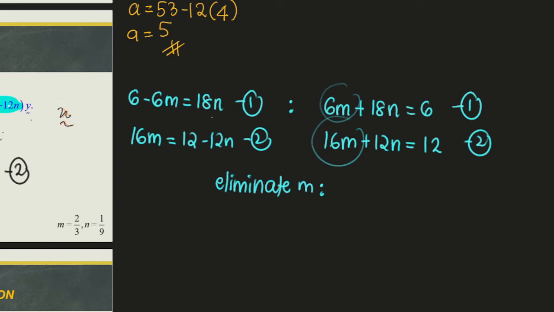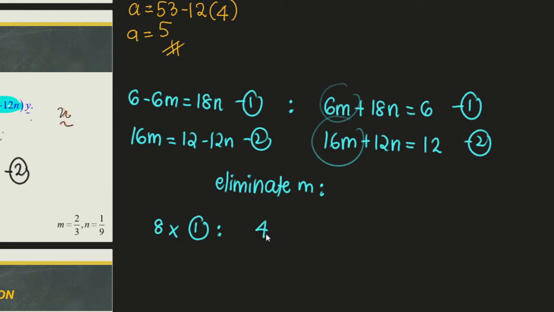No, 32 cannot, because times table 6 doesn't have it. 48, yeah, we can go for 48 because times table 6 has 48 and times table 16 also has 48. So for the first equation, I'm going to times by 8.